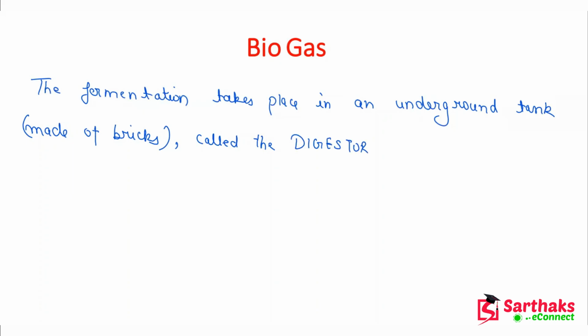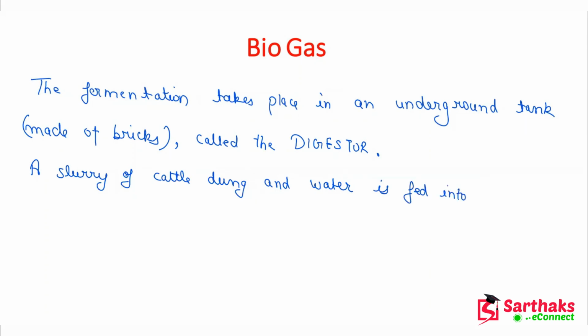A slurry, which means a mixture of cattle dung and water, is fed into the tank, and on fermentation of the dung, biogas is evolved.